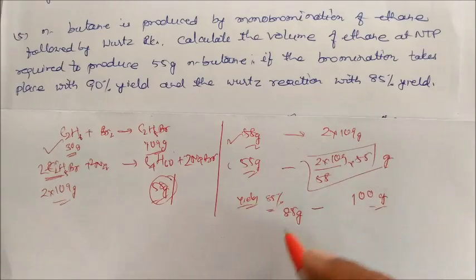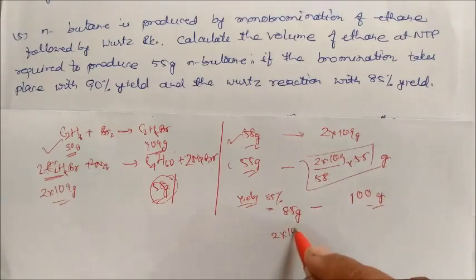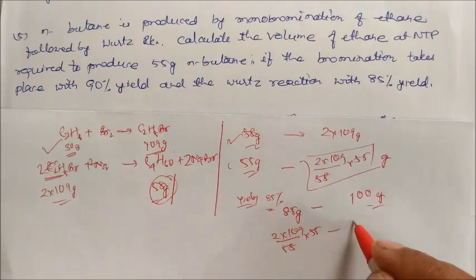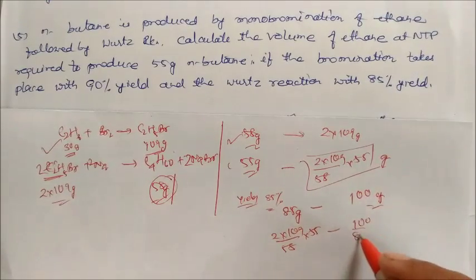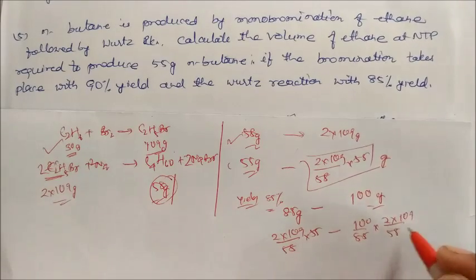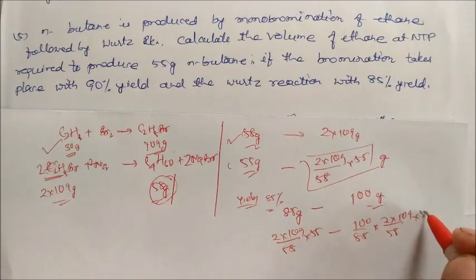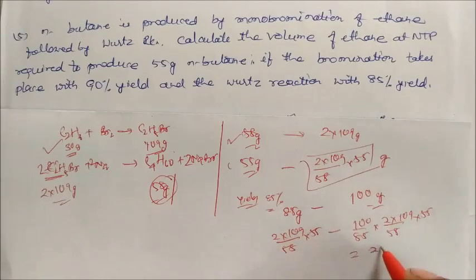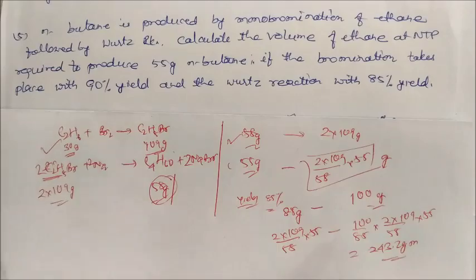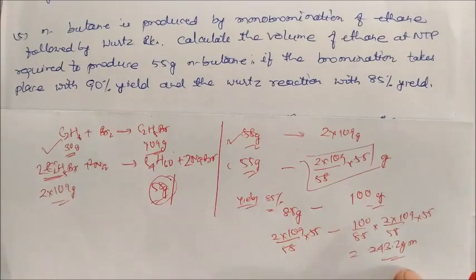So if you take this much, 2 into 109 divided by 58 into 55, we require 100 by 85 multiplied by 2 into 109 divided by 58 into 55. So this will give you 243.2 gram. So this much gram of ethyl bromide will be required.